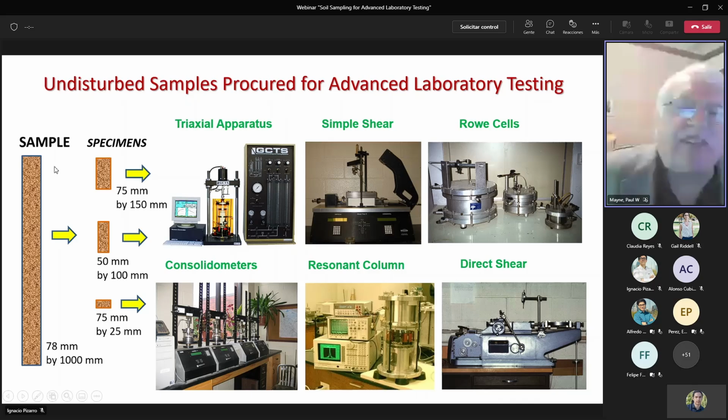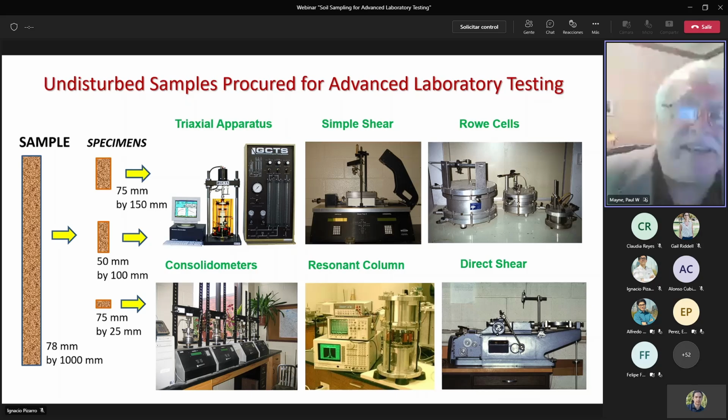So when we take a sample out of the ground, the sample is the large tube size shown on the left side of the screen. We are going to cut small specimens from the large sample. And these vary in size. Some of them are just small.